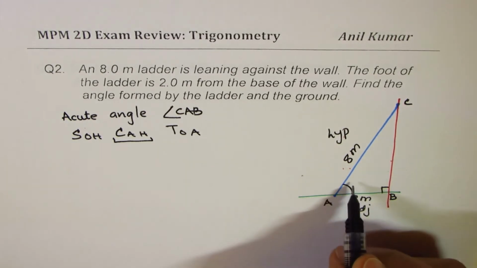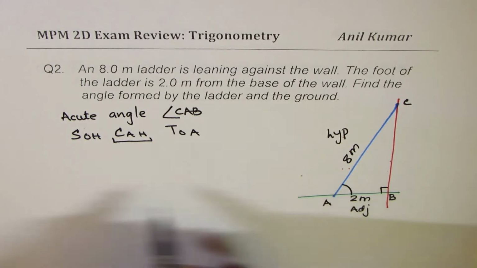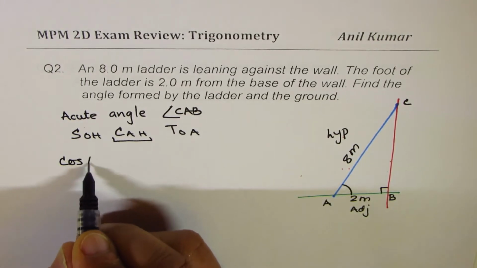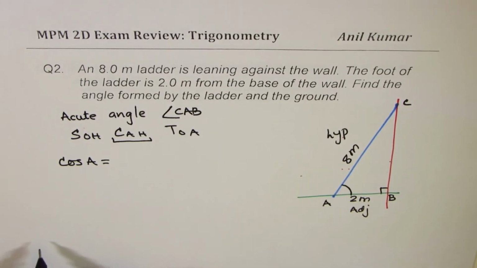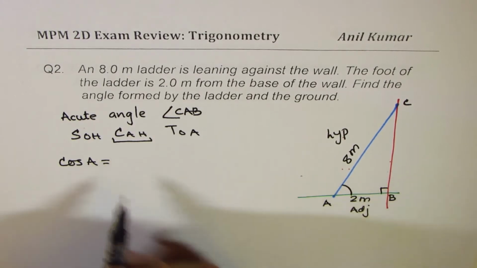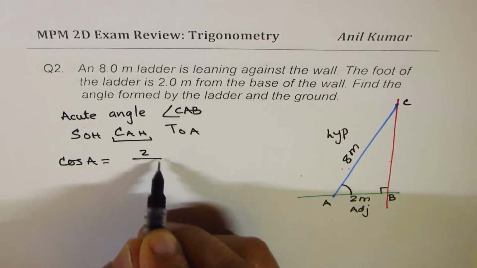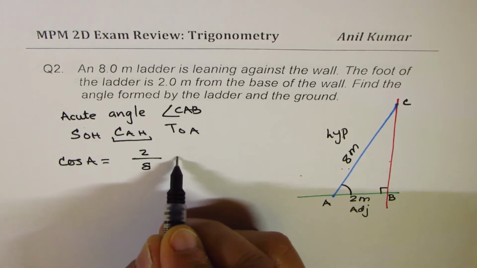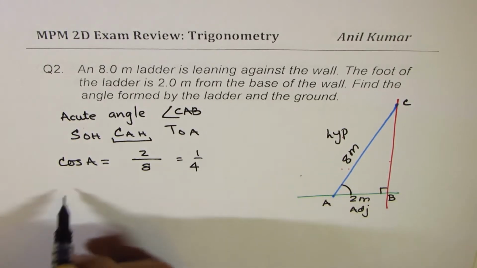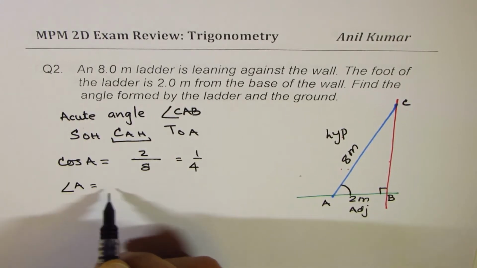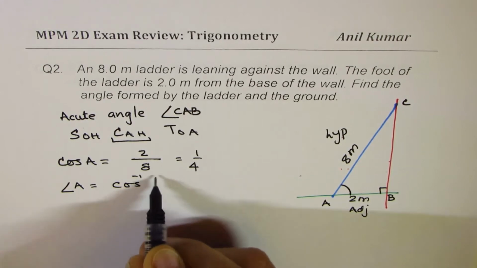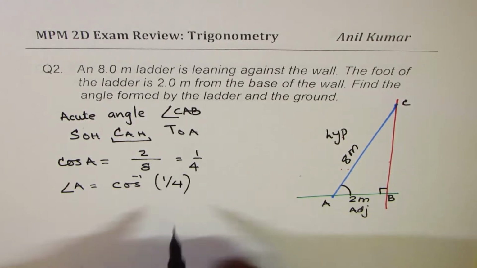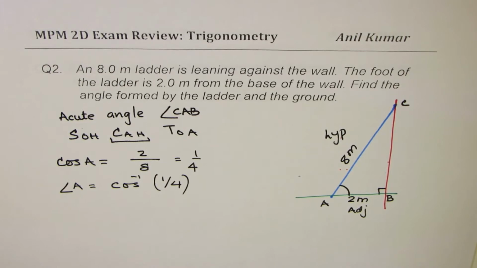So we have, let's call this angle A. So we say cos of angle A is equal to the adjacent side, which is 2, over 8, the hypotenuse, which is 1 over 4. So angle A is equal to cos inverse of 1 over 4. Is it okay? So that is how you're going to do it.